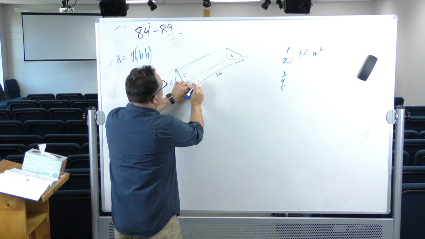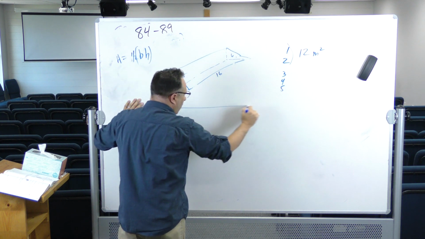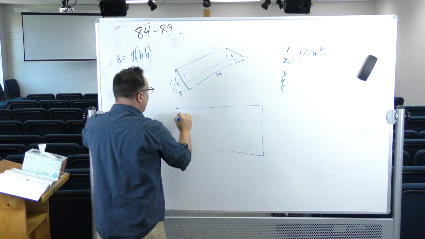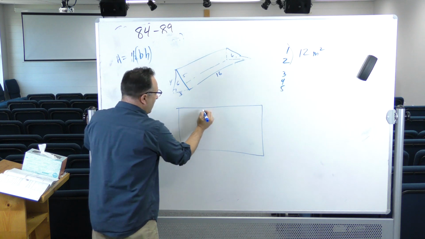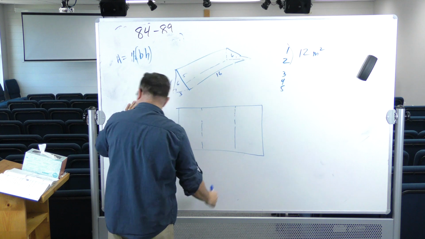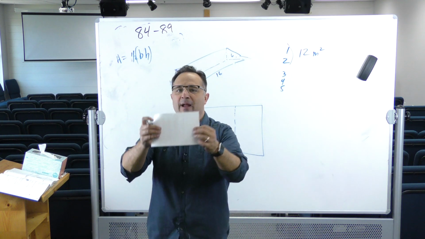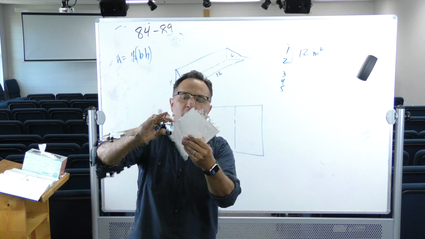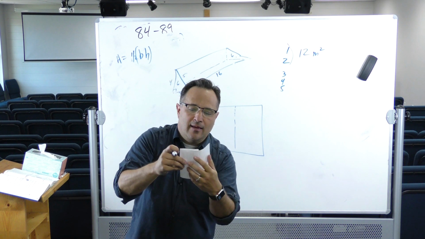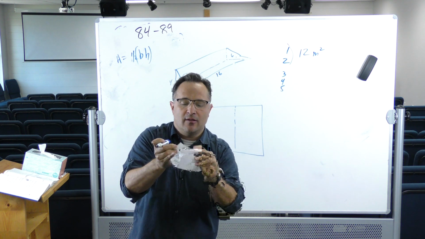If I could cut this open, I could actually turn it into like a long rectangle, right? If I took a sheet of paper and I folded it in a couple different spots, for example, let me see if I got a sheet of paper here. So I've taken this sheet of paper and I'm going to fold it. And can you see I'm making a triangle out of that sheet of paper?